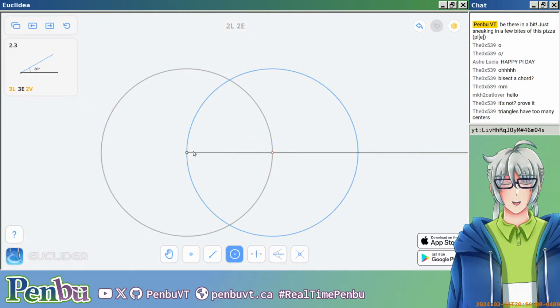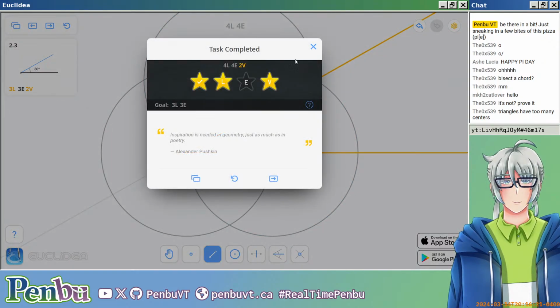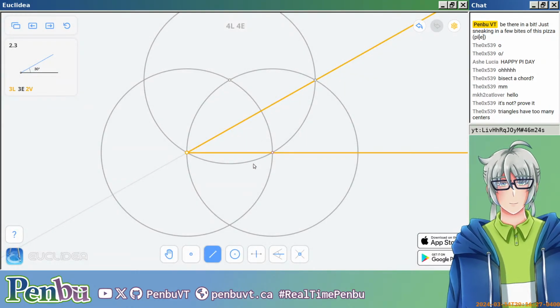This is 2. Because then we create the bisector here, I see. There we go. No, that's not quite right. That's 1 more than we needed. But I think that is getting there.